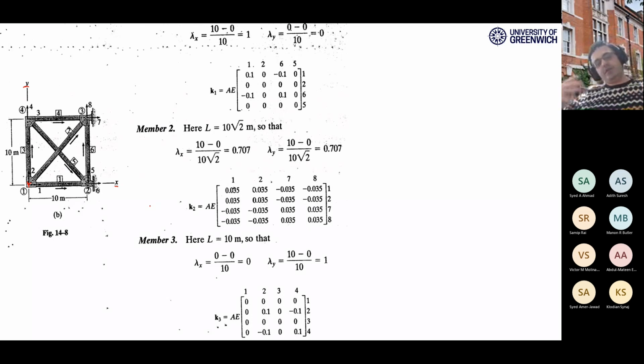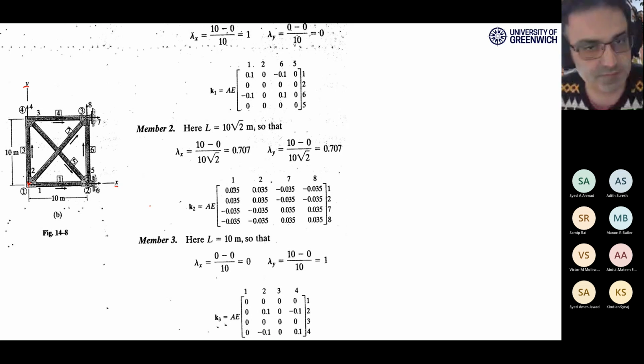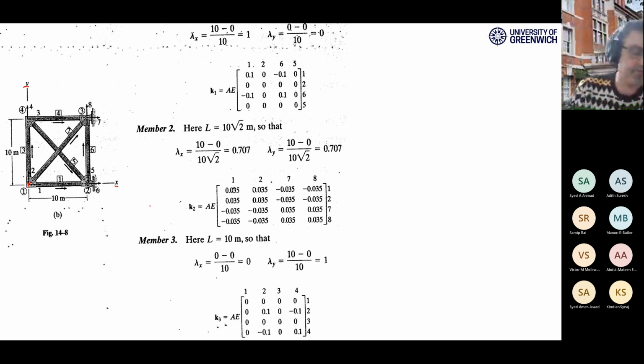Obviously, if you do that, when you assemble the 4 by 4 stiffness matrix for every individual element, the shape of your matrices and the numbers inside them will be different. But finally, when you solve the problem, the internal forces in each element will be the same as we are doing now, and the deformations will be the same, and the support reactions will be the same.